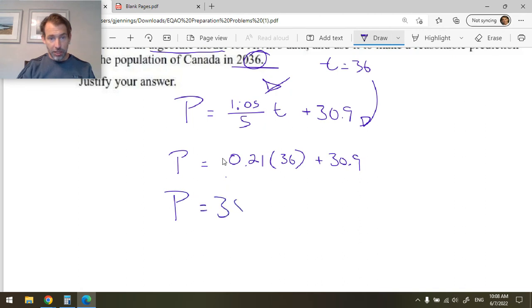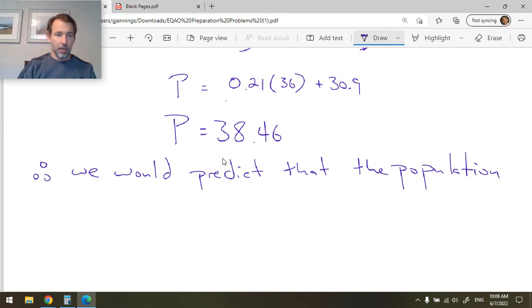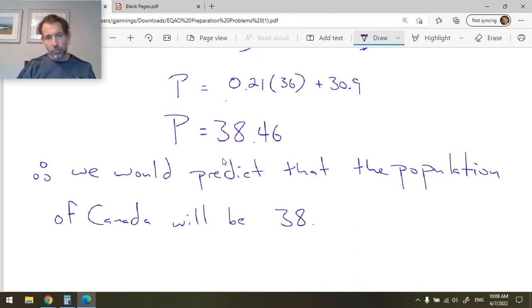So the population will be 38.46. Therefore, we would predict that the population of Canada will be 38.46 million.